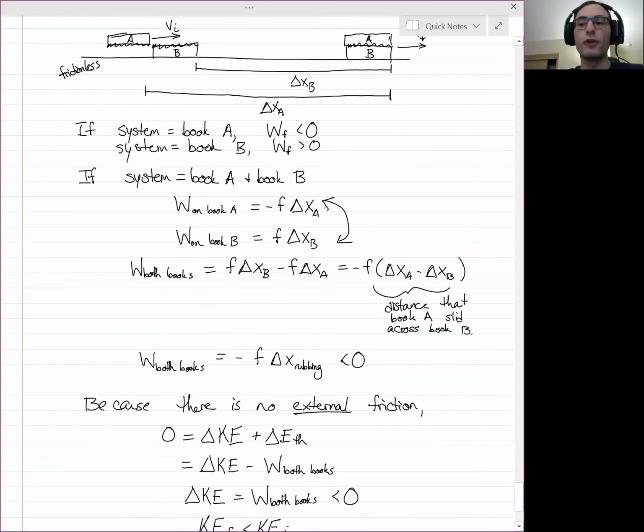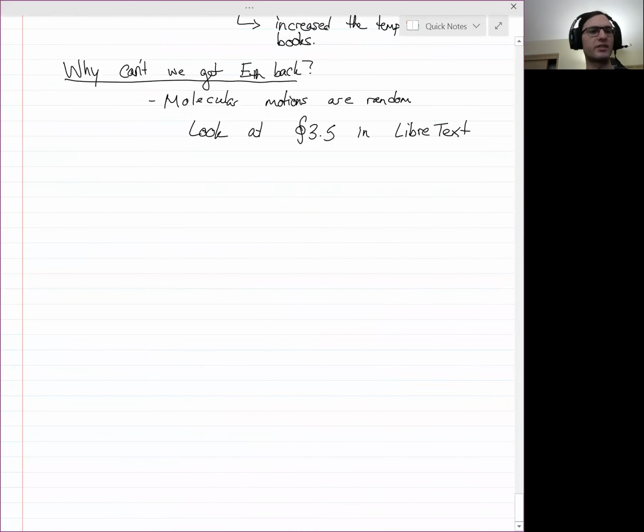Book A traveled further, so the negative work done is more, because the work involves both the magnitude of the force and the distance traveled. Because it traveled further, it has more negative work than book B has positive work. And so when you add them together, you get something negative. Hopefully that's straightforward enough.